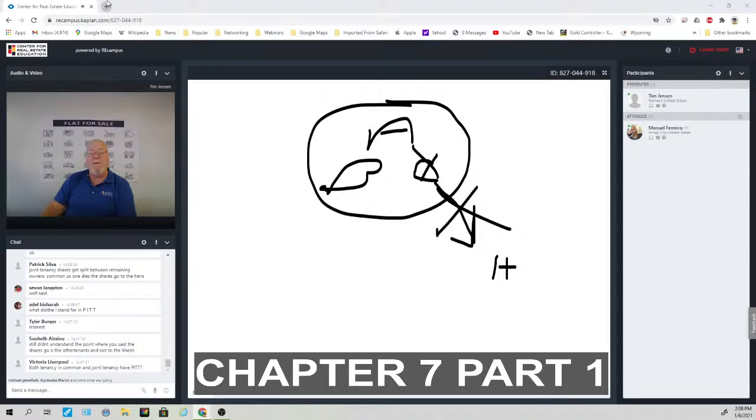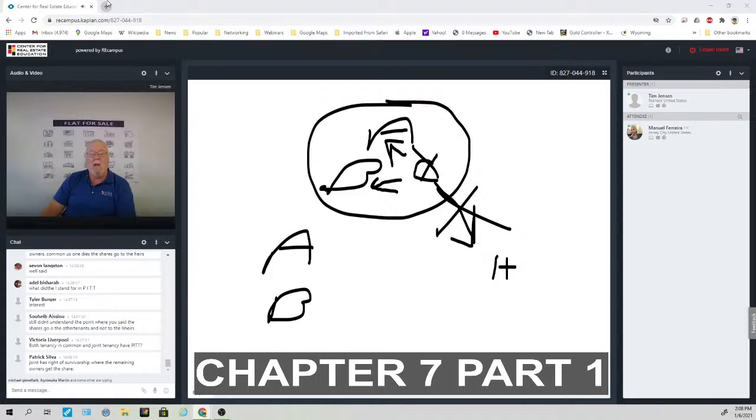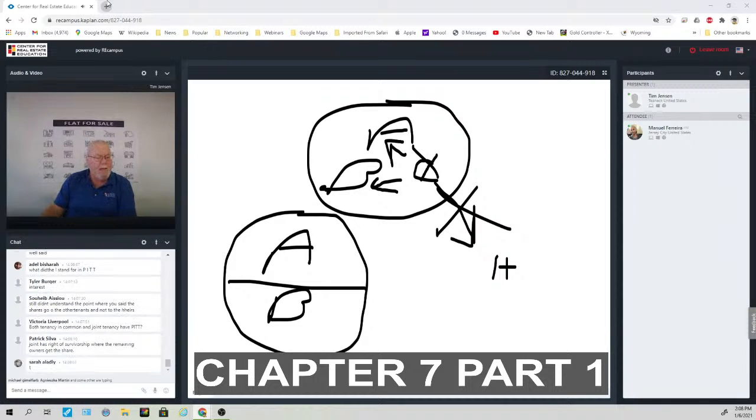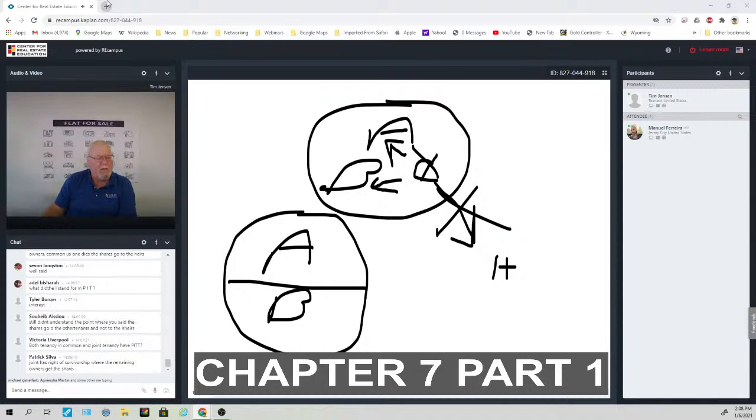It goes to the surviving owners equally. So now A and B have joint tenancy of the property in total. There are no other parties. The heirs are not included because of the right of survivorship. I hope that gave a little better understanding.